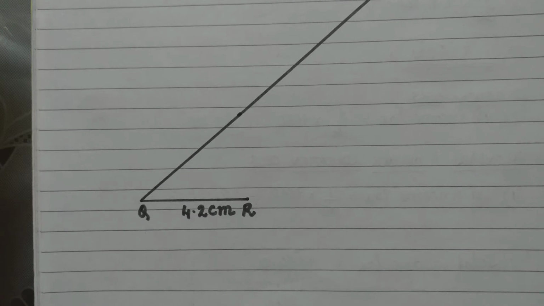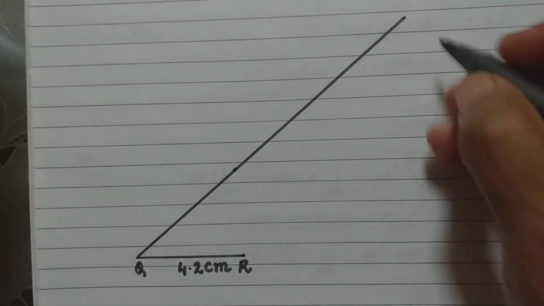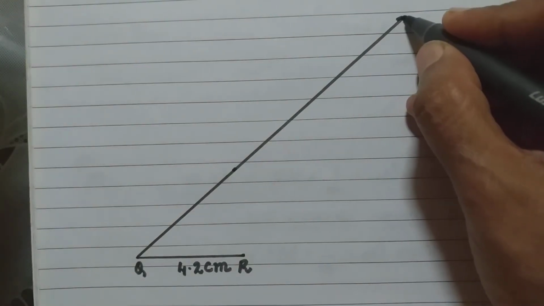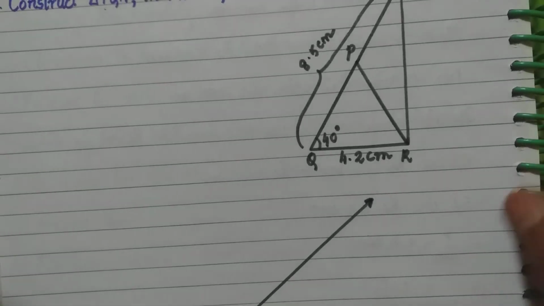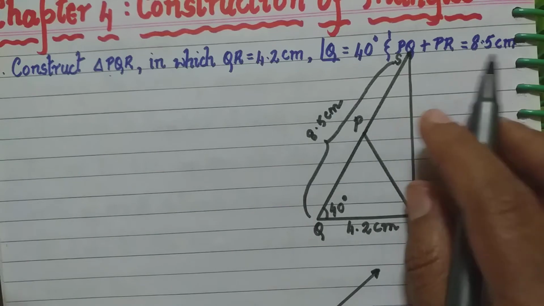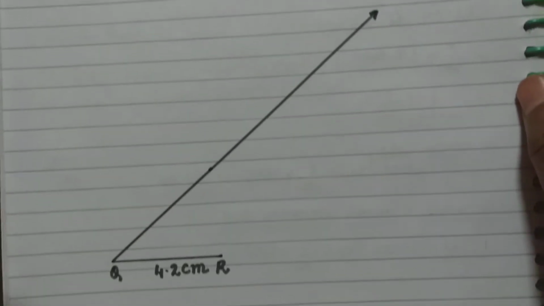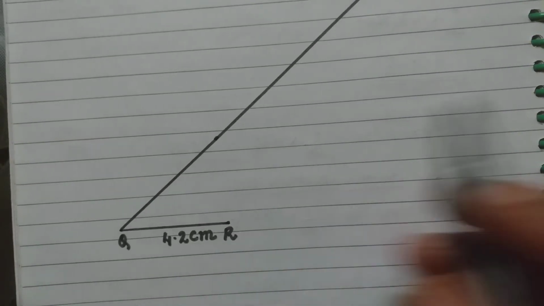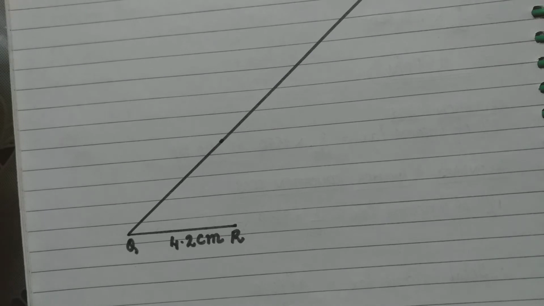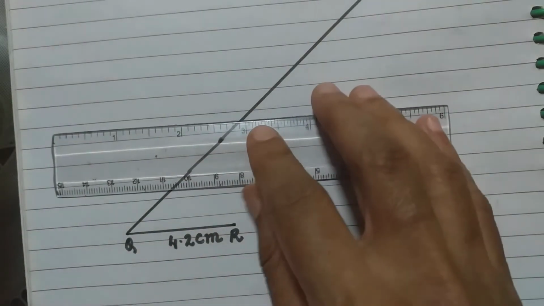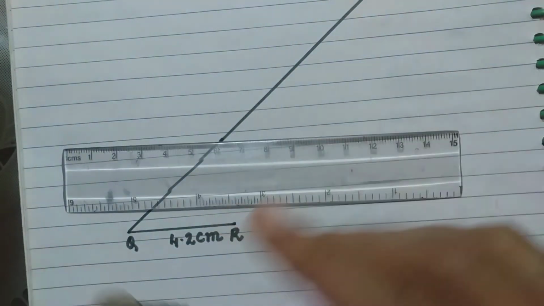This is a ray passing through the 40 degrees point. Now, let us see here. We had said what was given to us is PQ plus PR is 8.5 centimeter. So from Q, we will find out how much is 8.5 centimeter using a rounder or a compass. Keep the scale here.